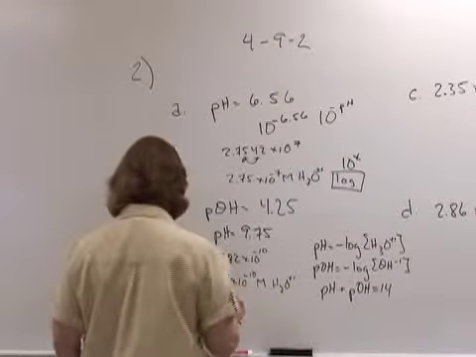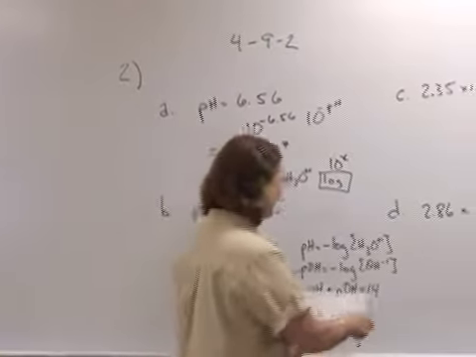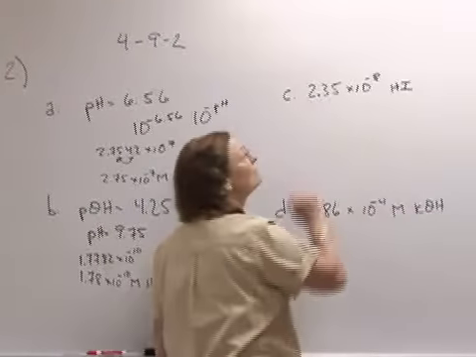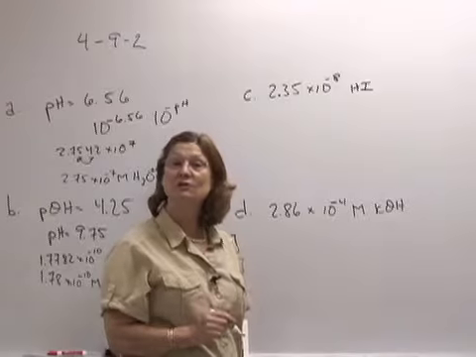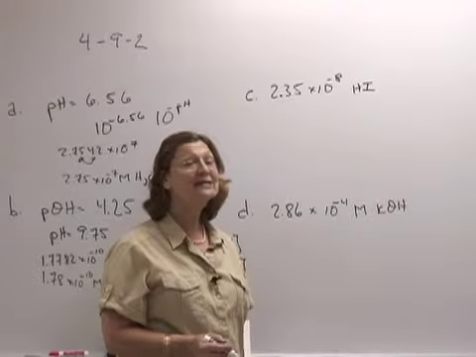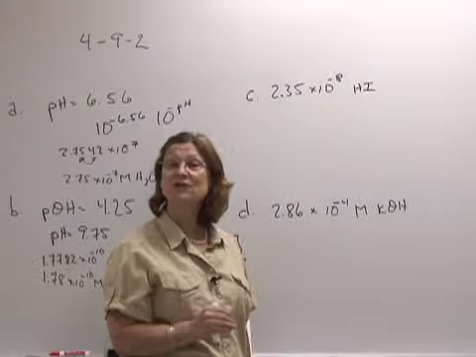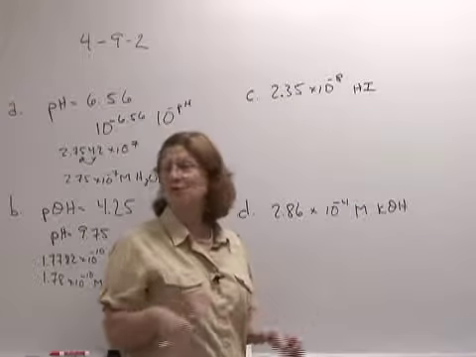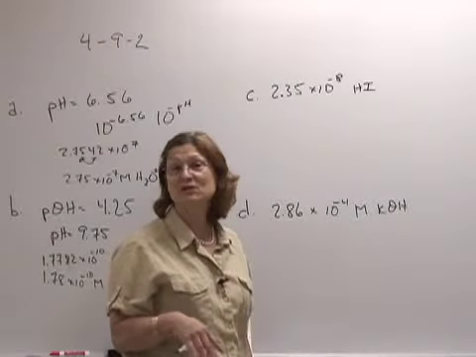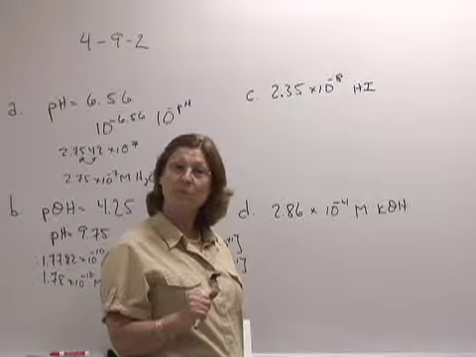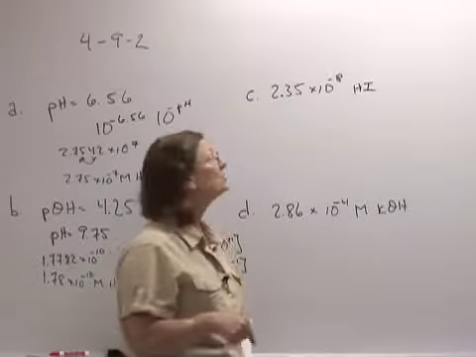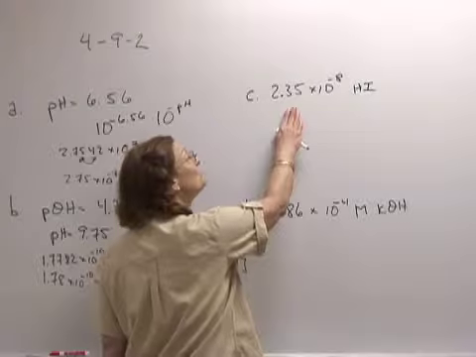In the case of C, I am given a concentration of a hydroiodic acid solution. I know that hydroiodic acid is a strong acid, and therefore we have 100% dissociation. We don't have to go through the equilibrium expression and whatnot to figure out our dissociation. We know that it's 100%.